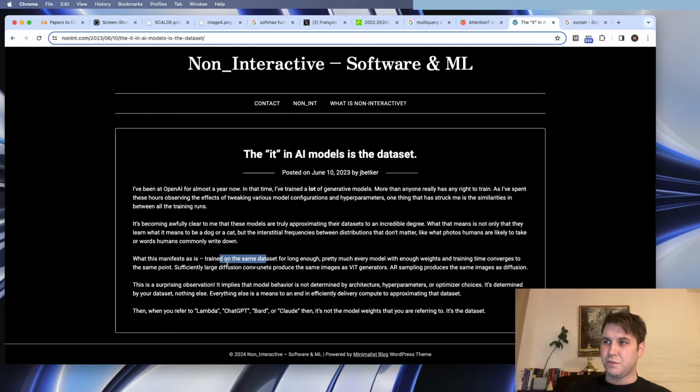So diffusion, conv unets produce the same images as vision transformer generators. Error sampling produces the same images as diffusion. It implies that model behavior is not determined by architecture, hyperparameters, or optimizer choices. It's determined by data set and compute. Everything else is a means to efficiently deliver compute to approximating the data set.